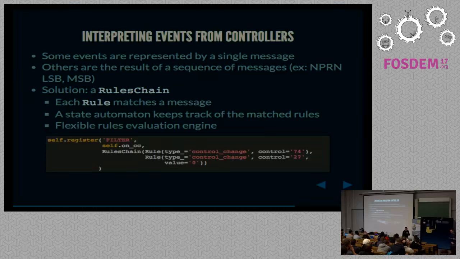So here, for example, I call the onCC method when the control change number 74 and next the other one, which I can't really read, with value 0 come from my controllers.